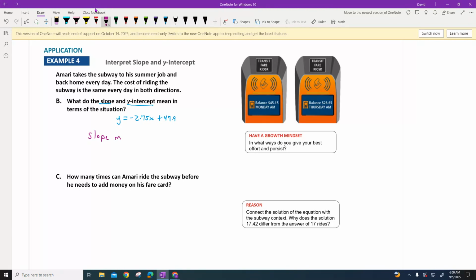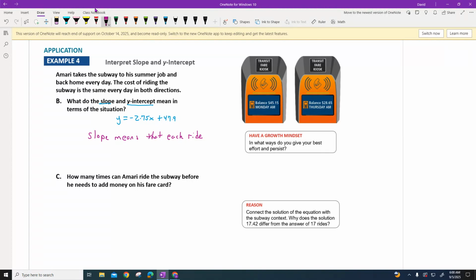We're asked two things, and a lot of times at the beginning of ninth grade, kids will just say it means that it's 2.75 to ride the ride and it's 47.90. Well, that doesn't mean anything. You have to say slope means that each ride, now this is where common sense has to come in, it's a minus 2.75.